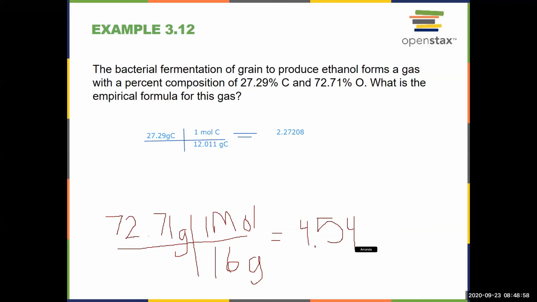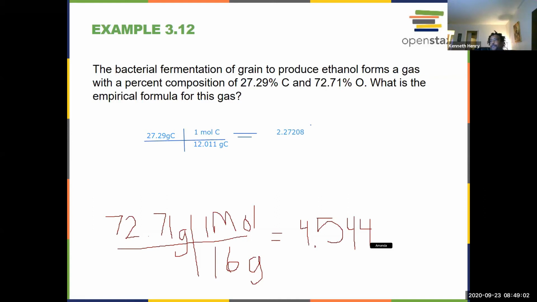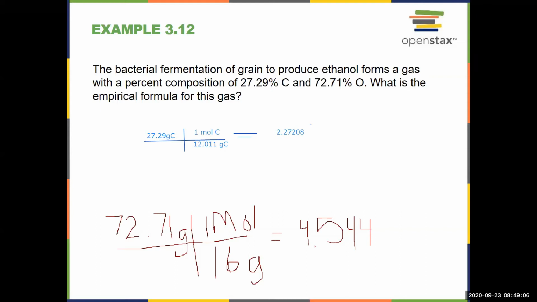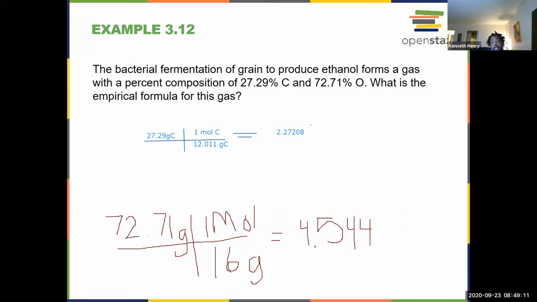Did you want me to stop here? After we find the number of moles, yeah. So we'll give another group an opportunity to finish it up for us. Okay, good job. So we have the number of moles, we have quantity.